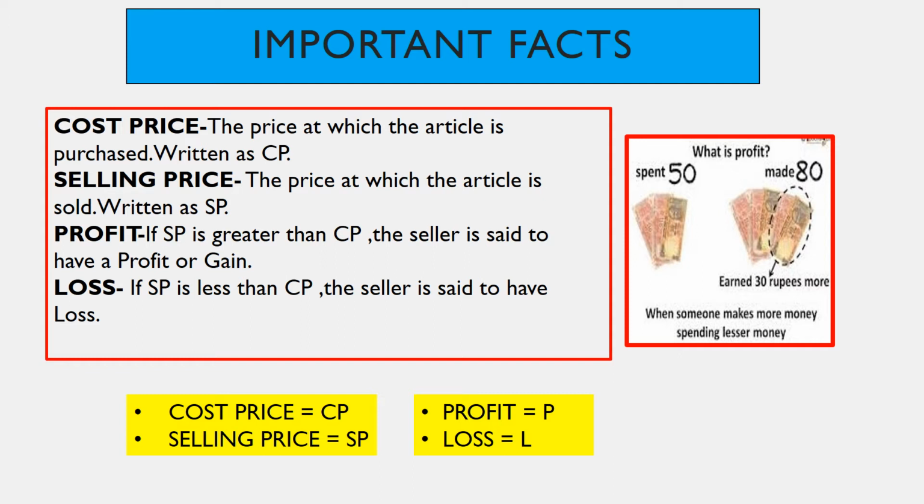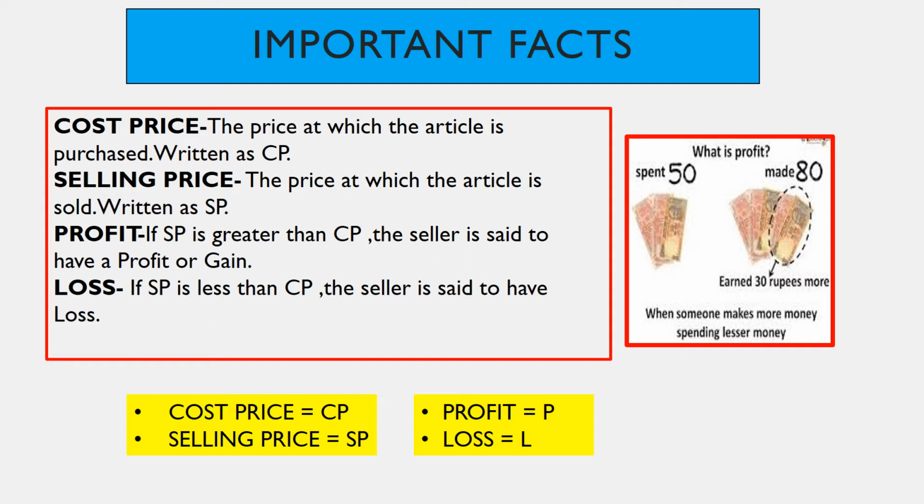Now, when you are selling some article at a greater price, that means you are earning a profit or gain. That is, if selling price is greater than cost price, the seller is said to have profit or gain. And if you have bought some article and you are selling it at a lesser price, that means you are having a loss.